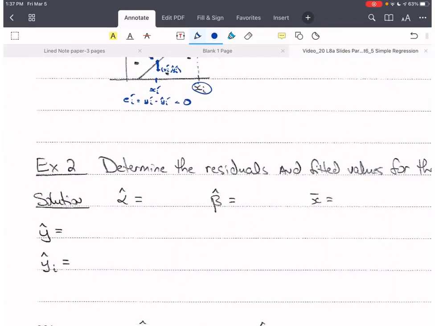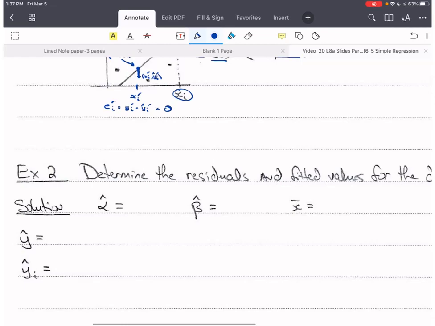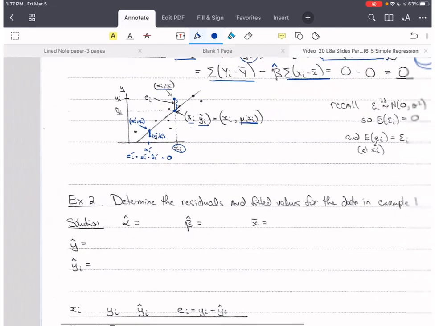So let's determine the residuals and fitted values for the data in our example 1 above. Okay? So first we have alpha hat was equal to 28.73. And then we had beta hat is equal to 0.27, and x bar is equal to 20.